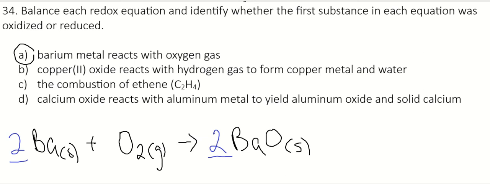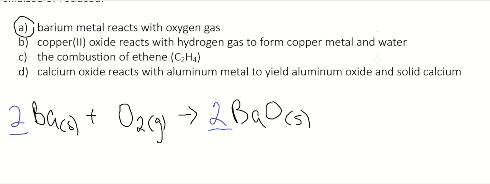Now we can work on identifying whether barium is being oxidized or reduced. Okay, so we'll just do this conceptually without using oxidation states. Barium has 2 valence electrons and oxygen has 6 valence electrons, and it's in group 16.